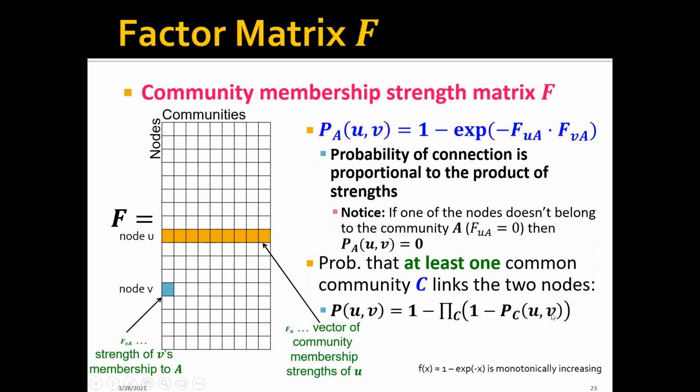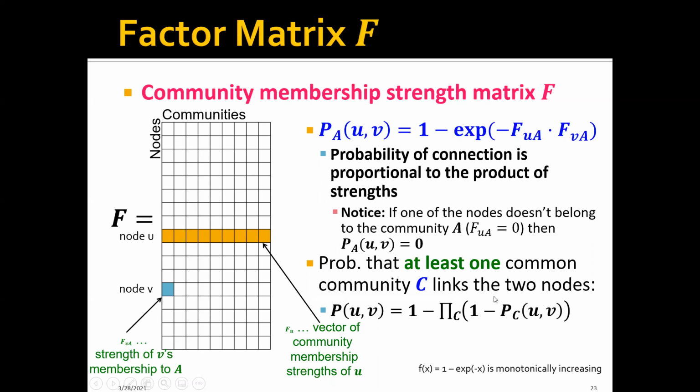So one minus that is the probability that this community does not link u and v. And if you have a product of it, that is the probability that none of the communities will link u and v. And 1 minus that is the probability that at least one common community C will link these two nodes.